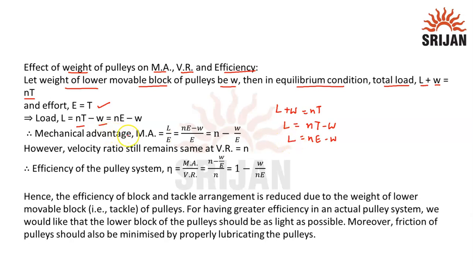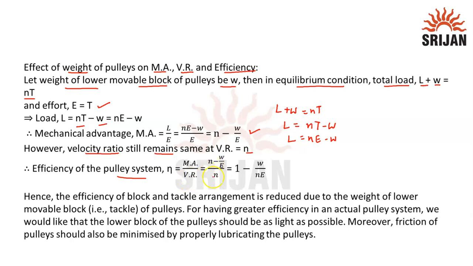And since mechanical advantage is the ratio of load to effort, putting the value of load as nE minus W and E remaining the same, if we split these two terms, we get n minus W by E. Also, the velocity ratio still remains the same, equal to n, and efficiency can be calculated by dividing the mechanical advantage by the velocity ratio.